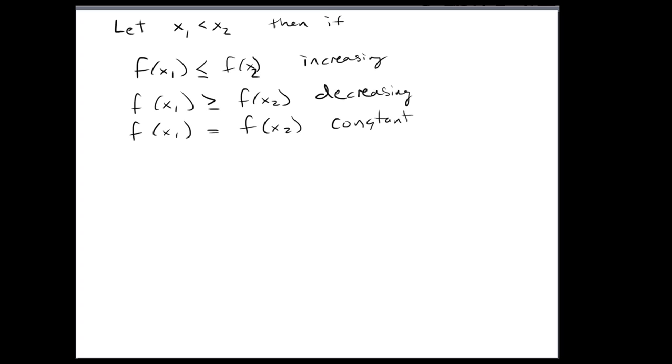And then we can get a little bit more specific by saying for all x1 and x2 on some range.